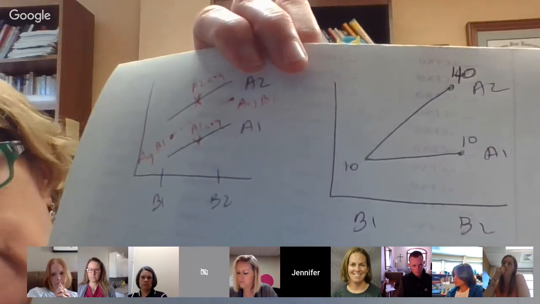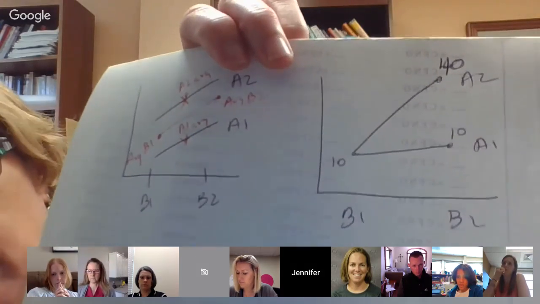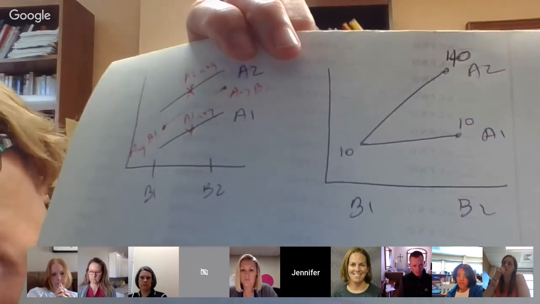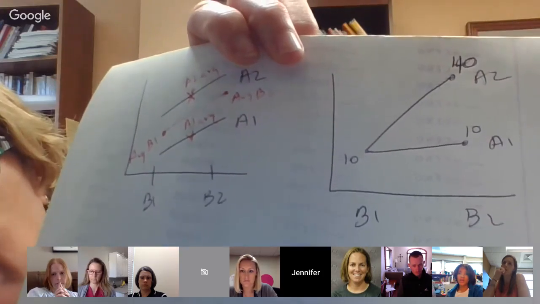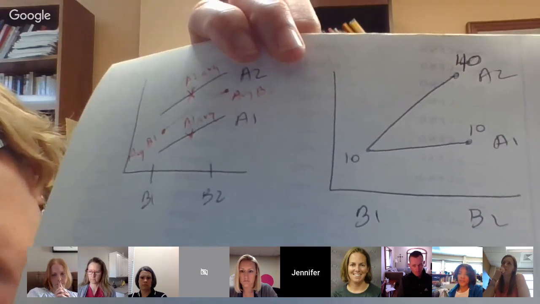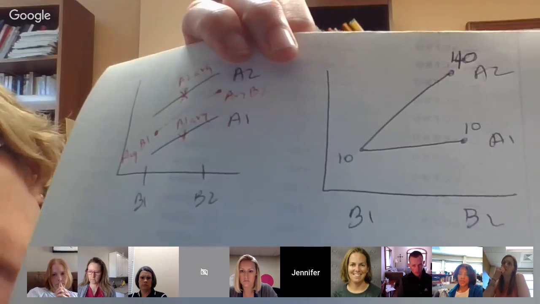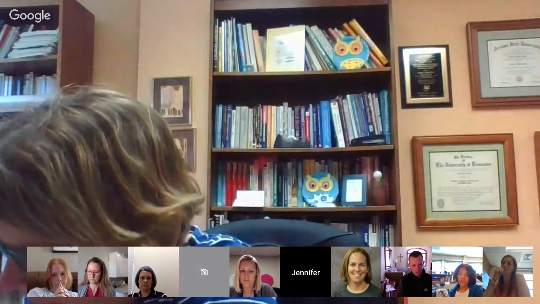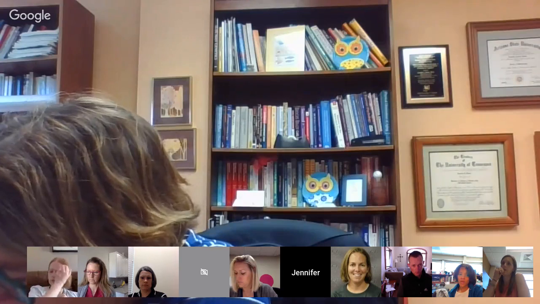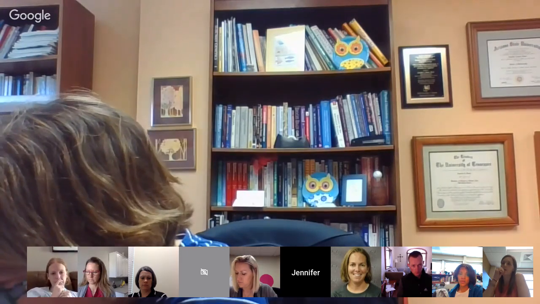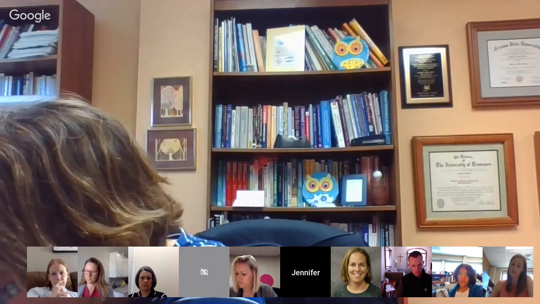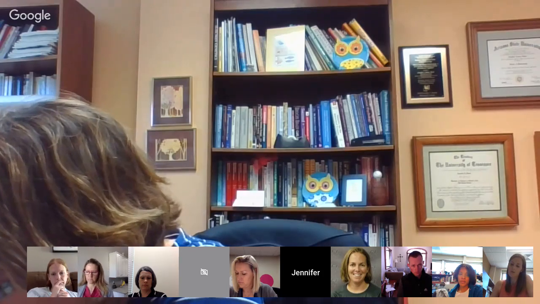Then for B1, I would get the average of the A1 value and the A2 value, and then I'd get the average for B2 of the A1 value and the A2 value.